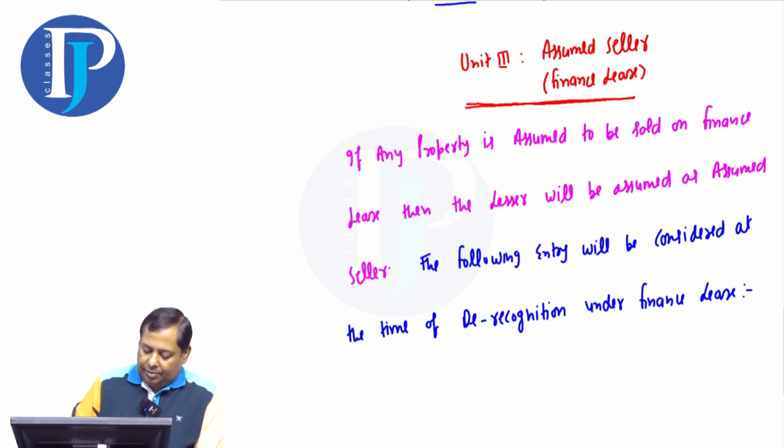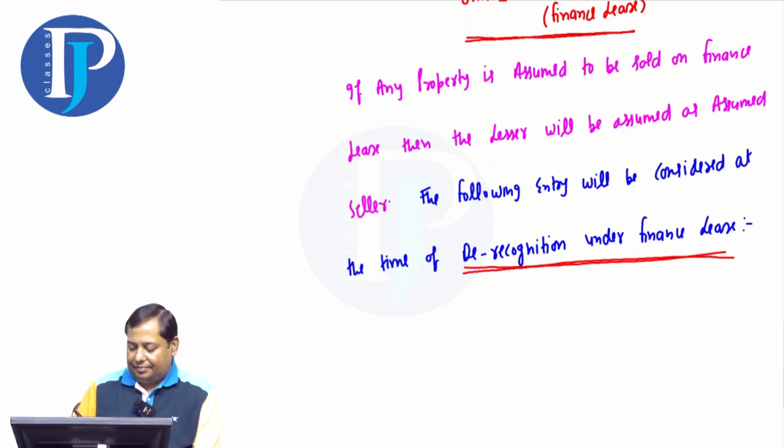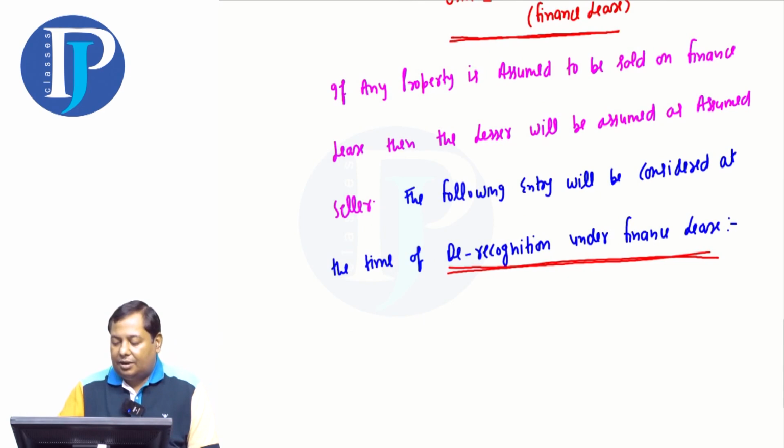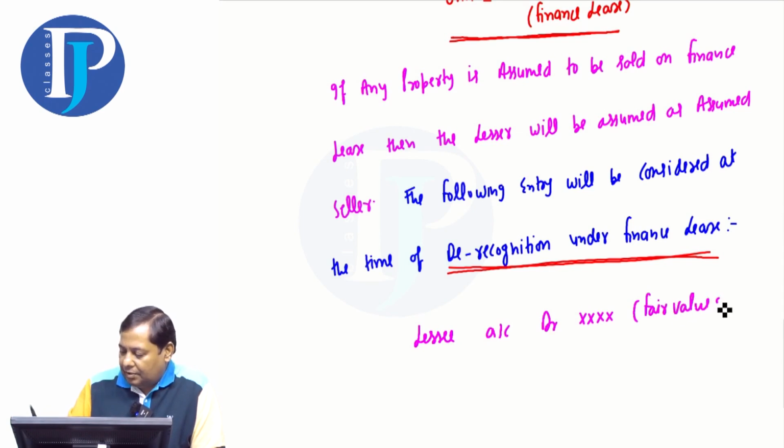So what entry will be made when we'll do the derecognition in finance lease? Derecognition under finance lease. Entry passage. Lessee account debit. This entry will be passed at fair value. Fair value of IP.